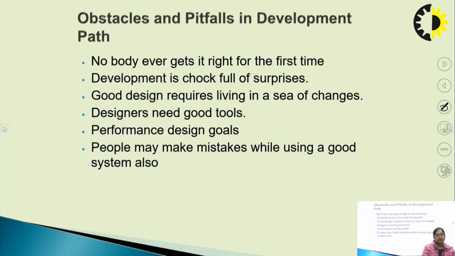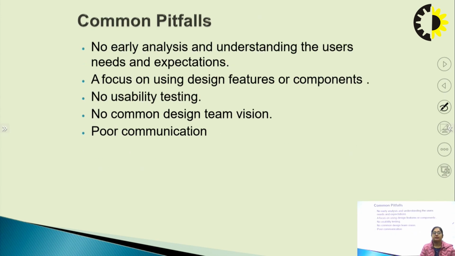So one change affects other changes. Designers need good tools, you have to remember the performance design goals, and people may make mistakes while using a good system also. These are basically the obstacles and pitfalls in the development path. These are the common pitfalls we studied in the previous slides.